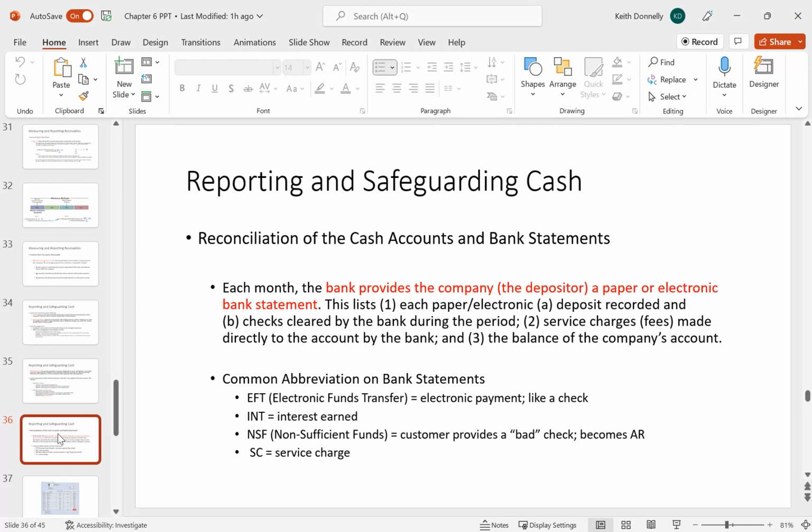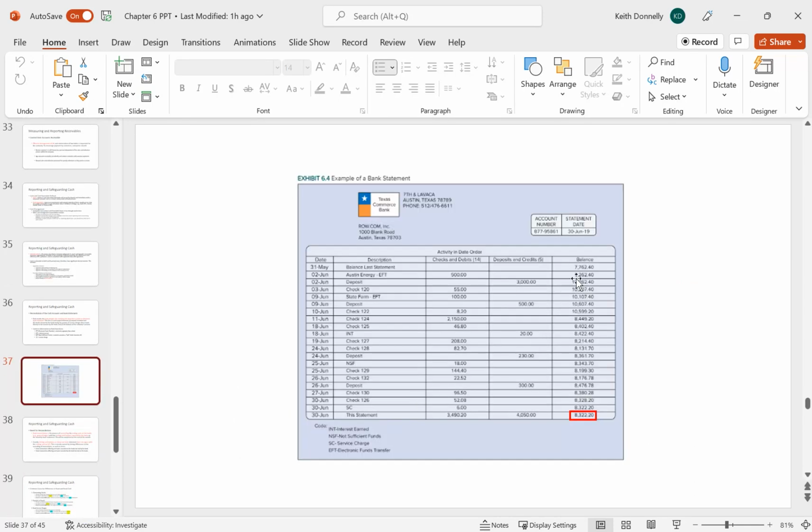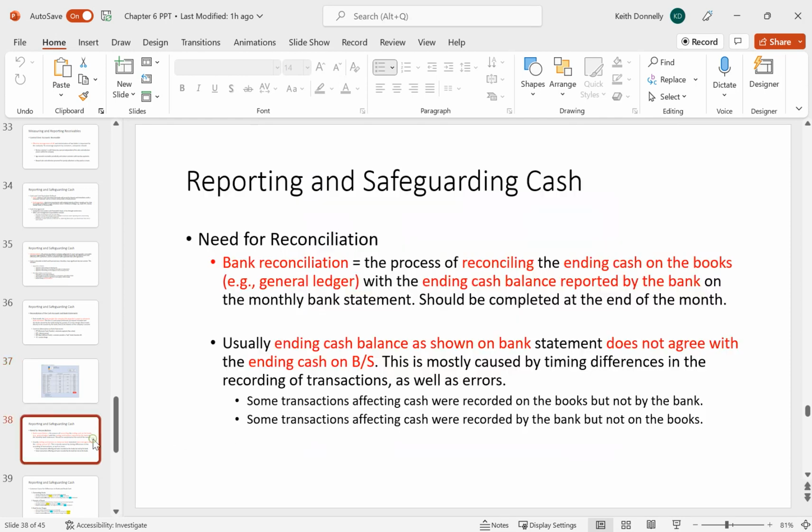Anymore they always want you to sign up for electronic billing and statements. But if you see your bank statement, it's going to look something like this. You're going to have a beginning balance. You're going to have every time you got money and you spent money, right? And then it'll take you down to your ending balance.